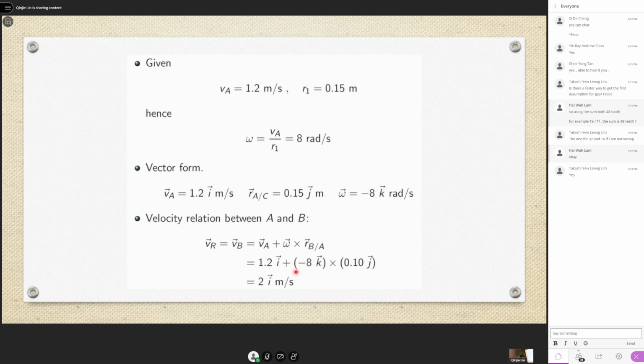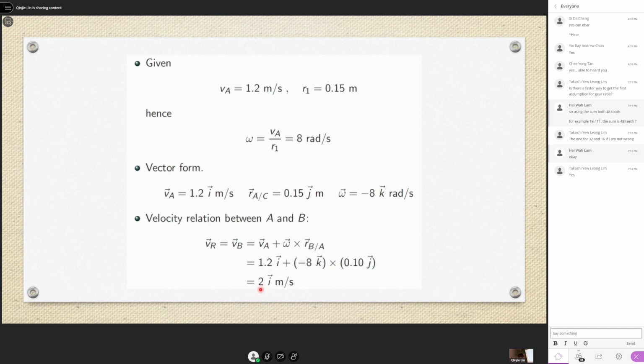In this case, minus k is inside, and you want to cross j, which is pointing on top. So from inside, you curl out, and wherever your thumb is pointing, that is the direction. So where is this pointing? Positive i. So this will give you 0.8 i. So 1.2 i plus 0.8 i, you will get 2 i meters per second.